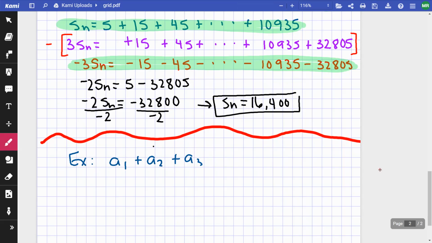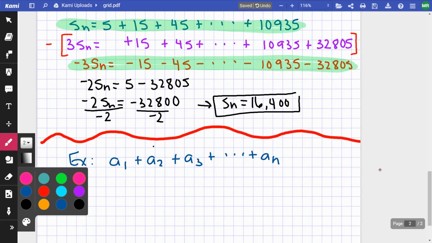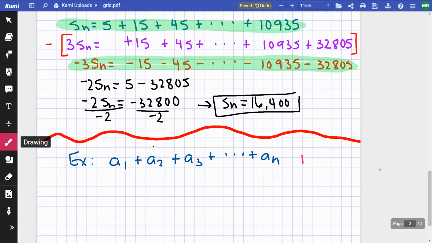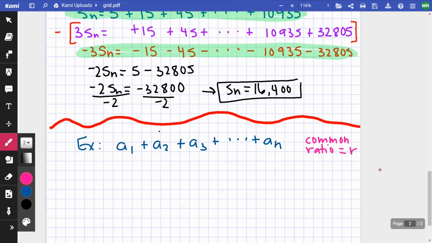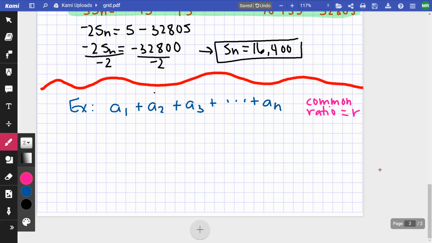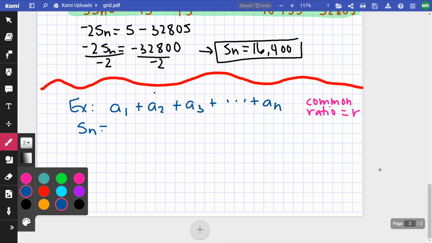My third term is a sub 3 plus... and my nth term is a sub n. And in this situation, let's say that my common ratio is equal to r.